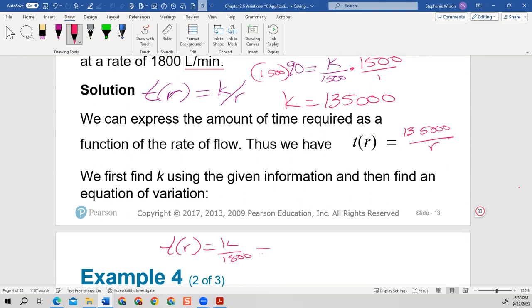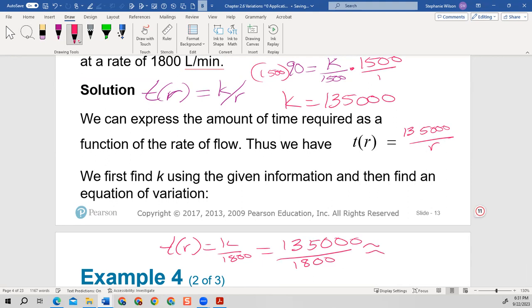But we know what K is. We just solved it. It's 135,000 divided by the R, which is 1800. Let me clean up my writing right quick. There we go. Let's divide this out.